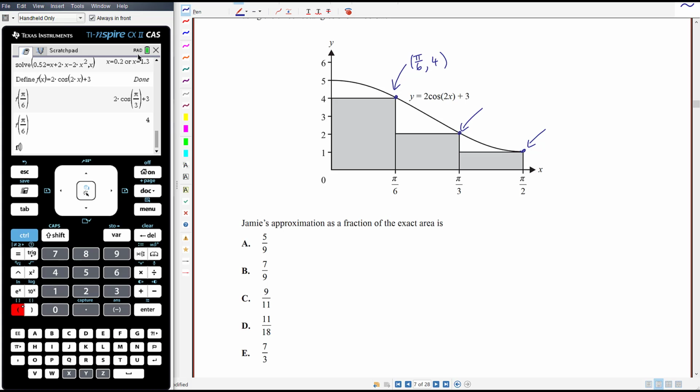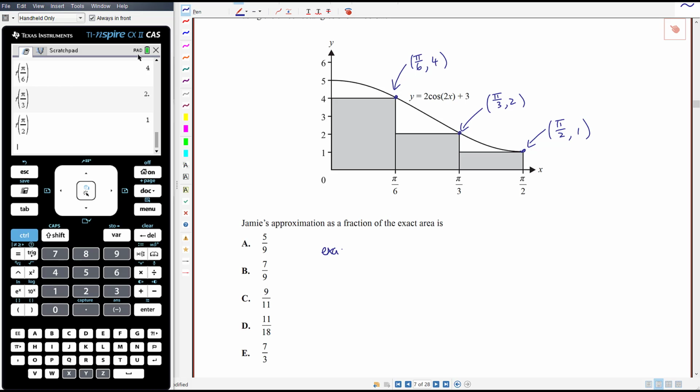F at pi on 3 is 2, and f at pi on 2, I'm going to guess is going to be 1, but let's see. F at pi on 2 is 1, good. As I said, depends how readily available in your own mind your exact values are. But yeah, so there's our 3 points.